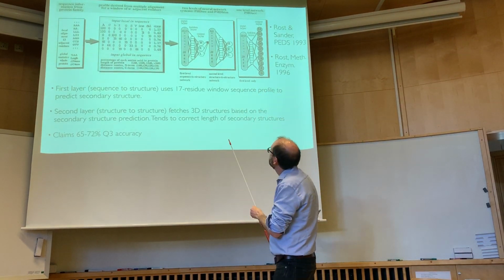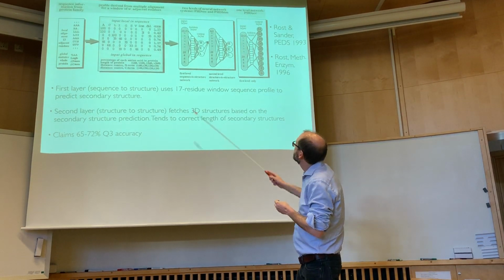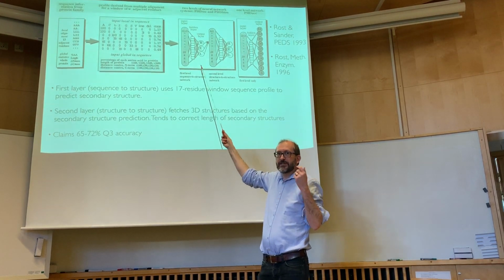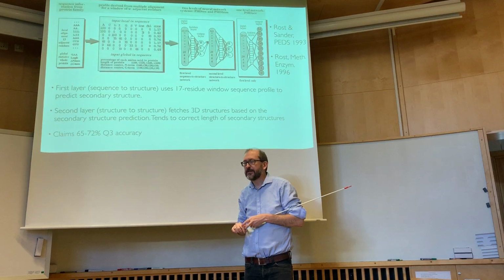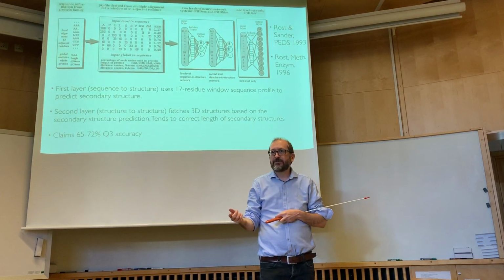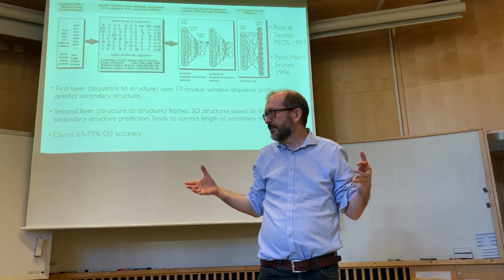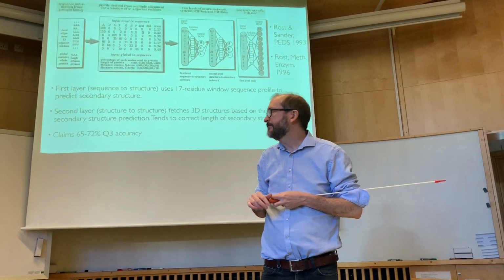But what supposedly gives it its boost in performance is that this is only the first step. What you're doing is you're generating a sequence of different secondary structures, and then you use that sequence to query the protein data bank, and you get all these structures that have this secondary structure, right?